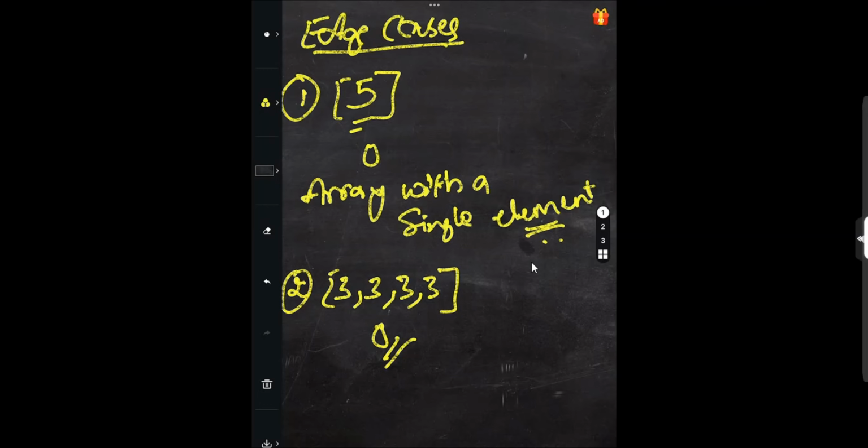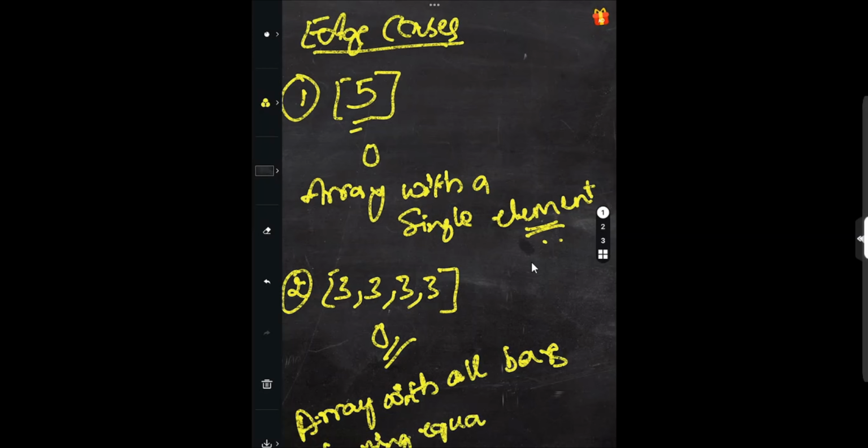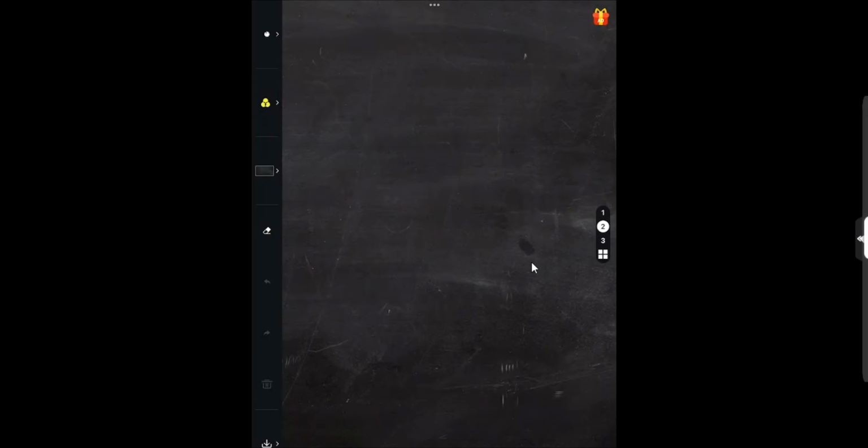So this is the second edge case: array with all bars having equal heights.